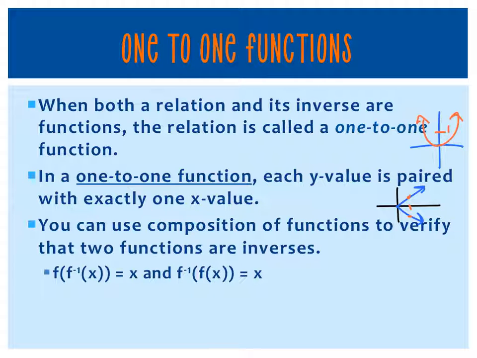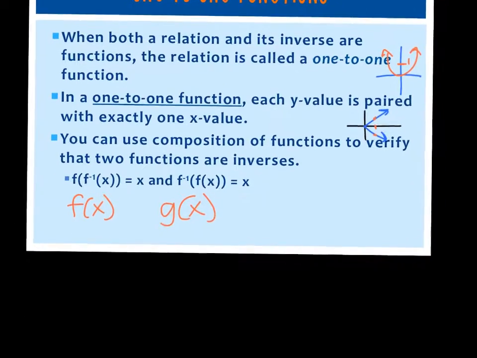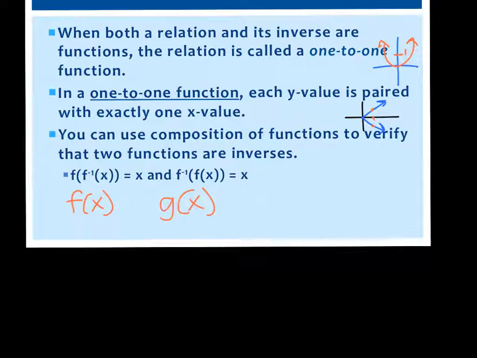And a test for identifying if they are inverses of each other is using the composite function. So if I ask you if f of x and g of x are inverses of each other, then you can use the composite function.